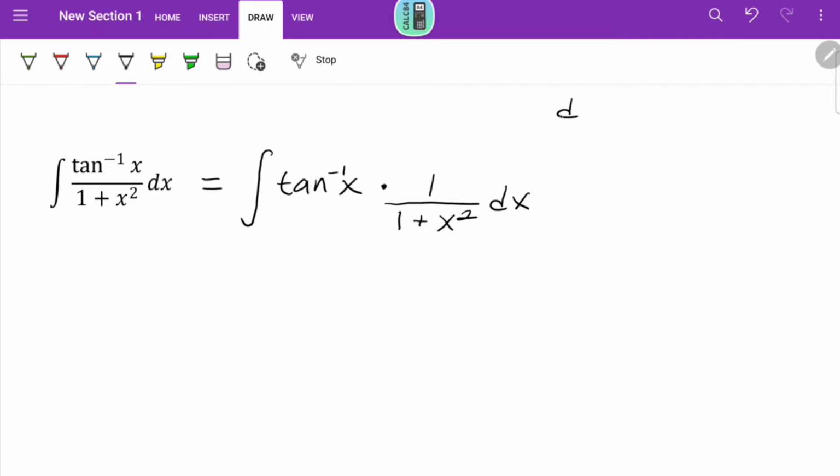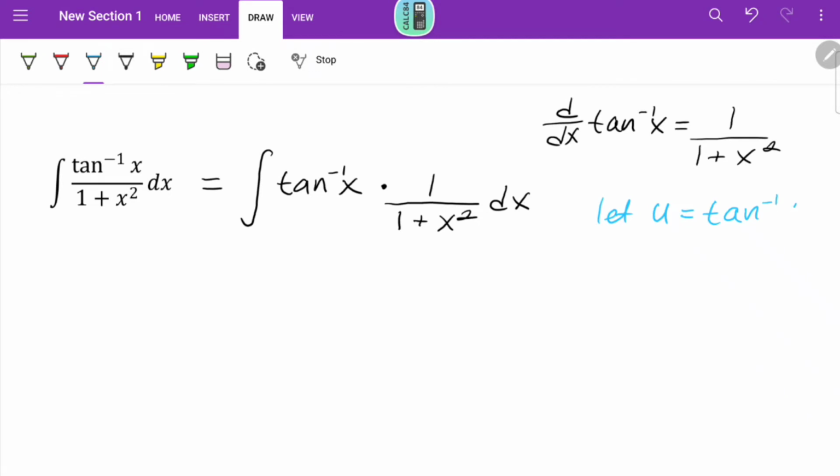Remember, the derivative of inverse tangent is equal to 1 over 1 plus x squared. So we can definitely use a substitution. We can say let u equal inverse tangent of x. Let's draw a new integral.